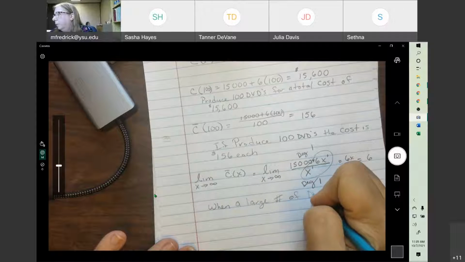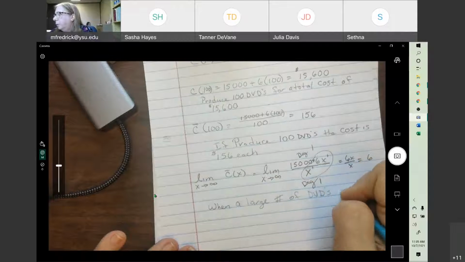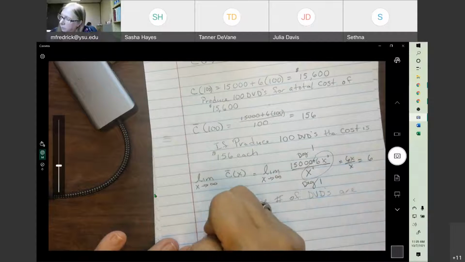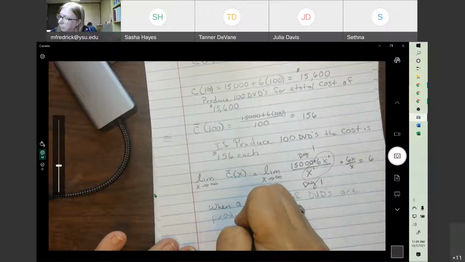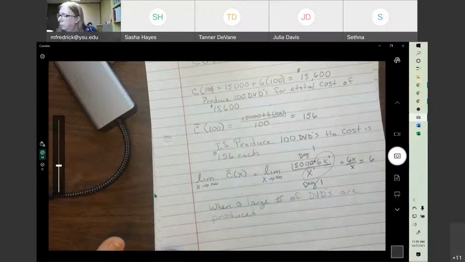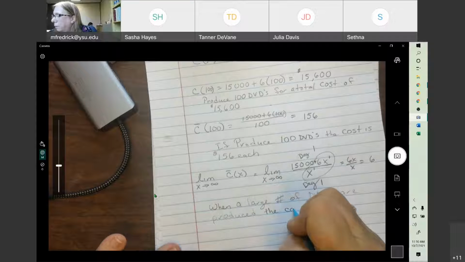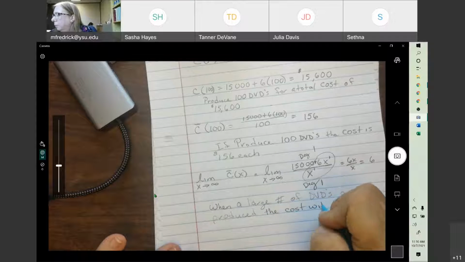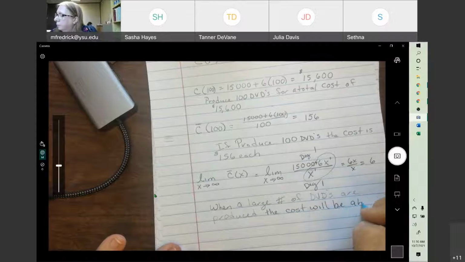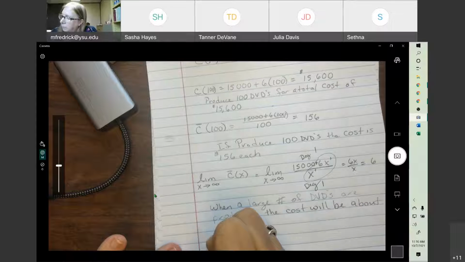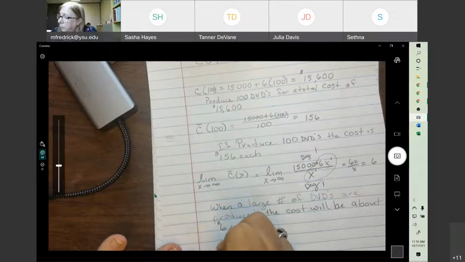When a large number of DVDs are produced, the cost will be about $6 each.